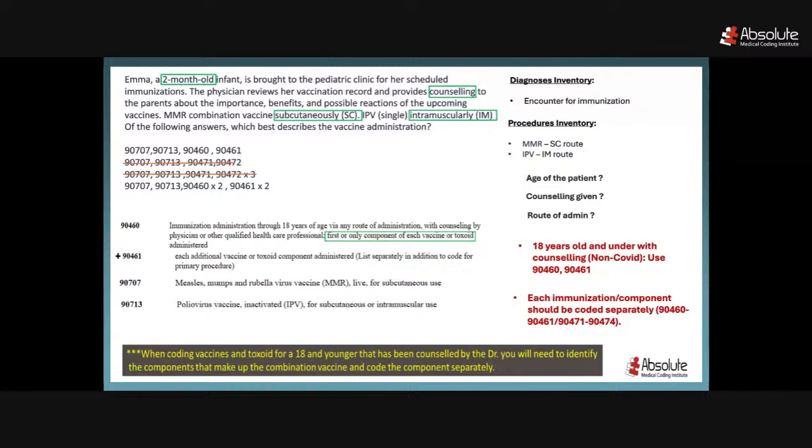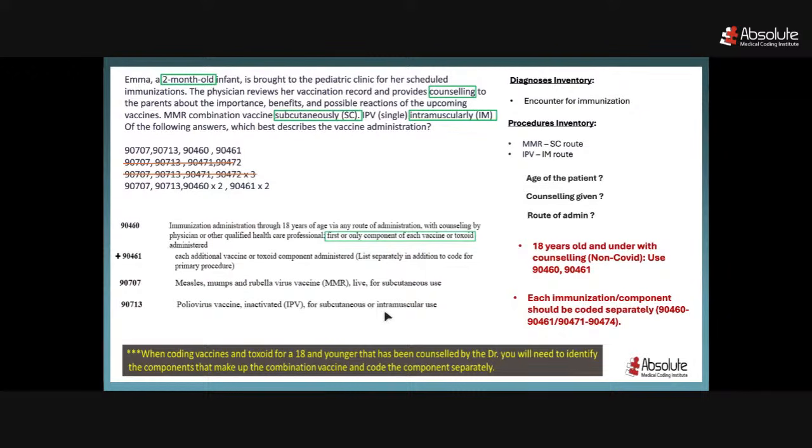And IPV is a single component vaccine. So we have two vaccines given, and 90460 should code for the first or only component of each vaccine or toxoid. So we have two vaccines, and the first component of the two vaccines should be coded with 90460.